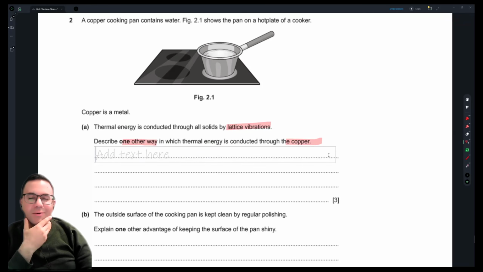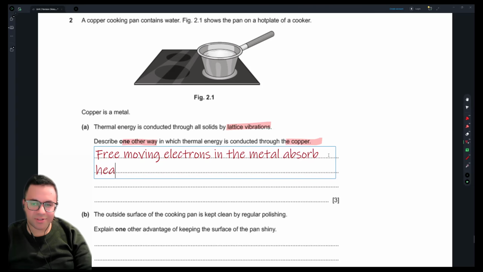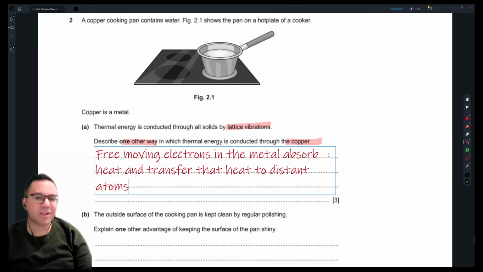What do you explain now? The electrons. So free moving electrons in the metal absorb heat and transfer that heat to distant atoms throughout the entire copper.